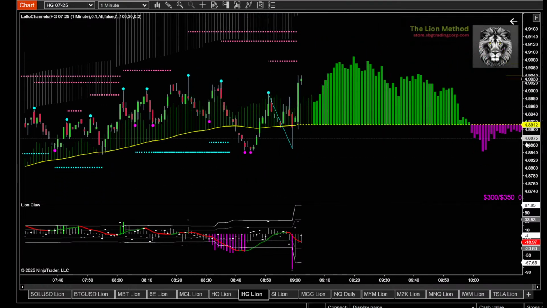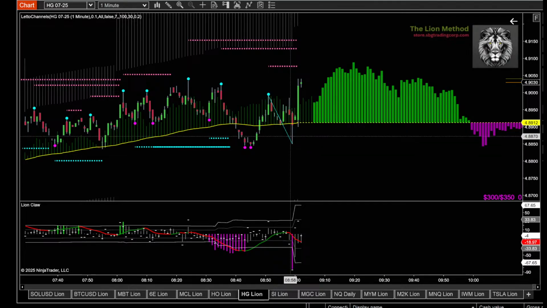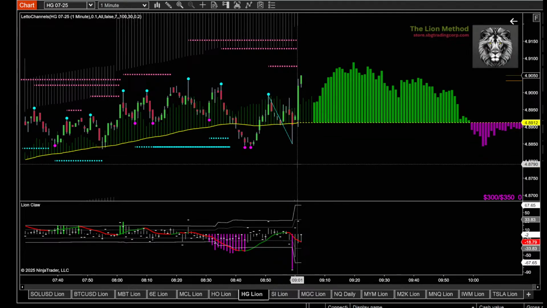All right, well, our tendency histogram here in copper is up, up, up. Net delta is moving upward.